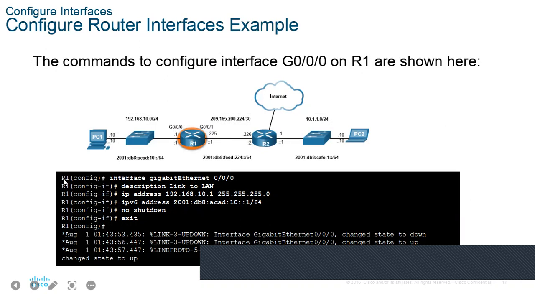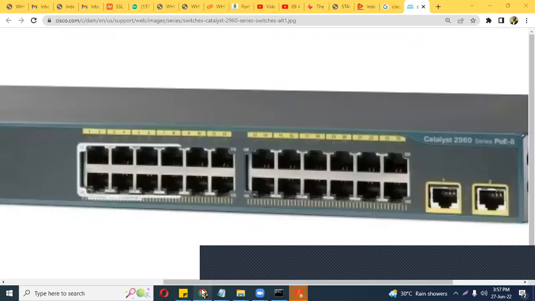So all we need to do is to get to the config mode. So before you get to this config mode, you have to enter conf t. Once your router boots up, you say conf t, you get to the configuration mode. You now say interface gigabitethernet 0/0. So that means you try to configure that particular port. So just like I explained the other time, it can be just the very first port here.